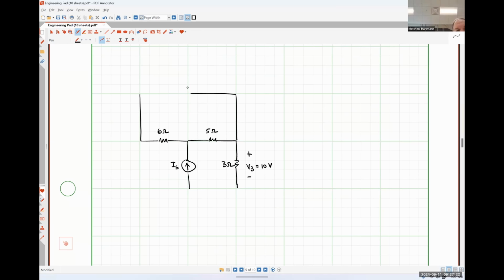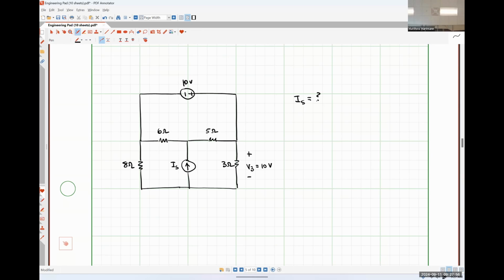Actually, let's make this thing up here a voltage source. What I want us to figure out is what the quantity IS is equal to.